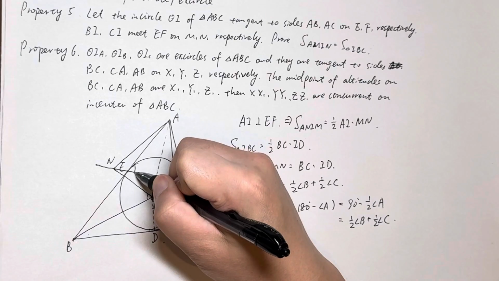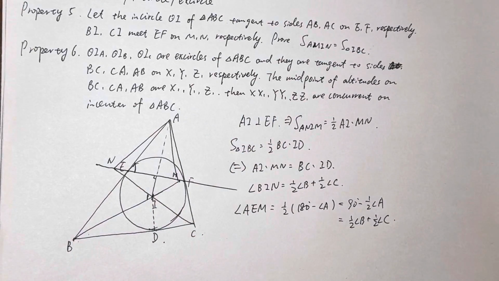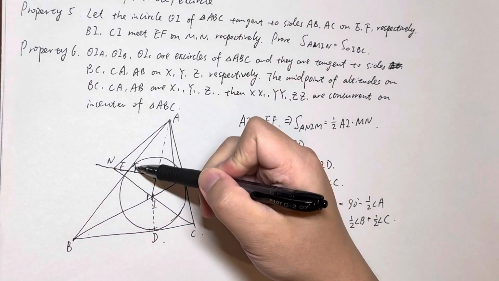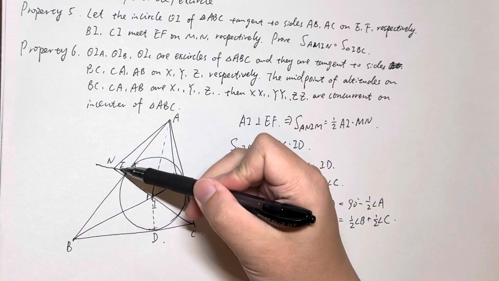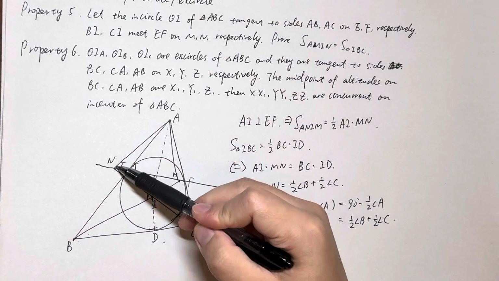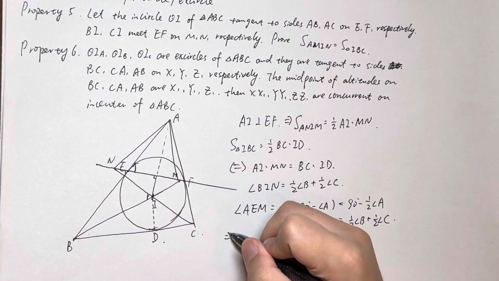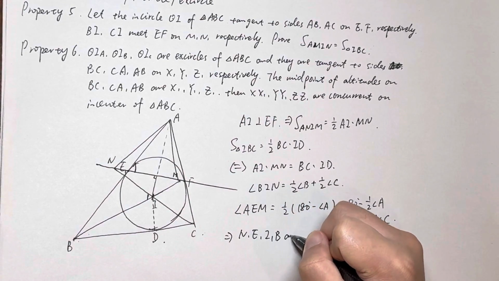And we know that this angle equals angle NEB, which means angle NEB equals angle NIB. So we know that NEIB are cyclic.